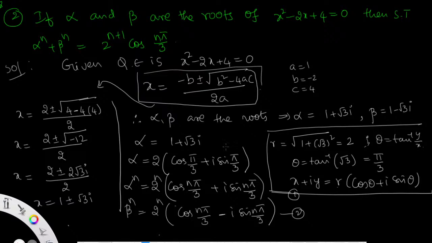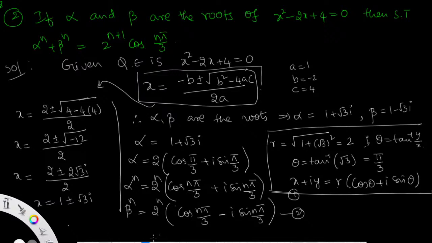Let the roots be alpha equal to 1 plus root 3i and beta equal to 1 minus root 3i. So alpha is changed into modulus amplitude form, 2 into cos pi by 3 plus i sin pi by 3, all raised to the power n, and beta also raised to the power n.